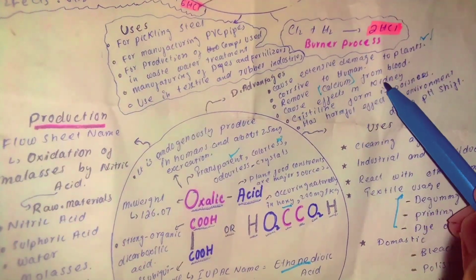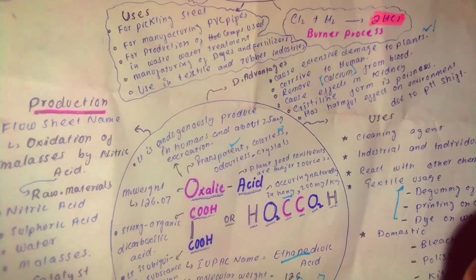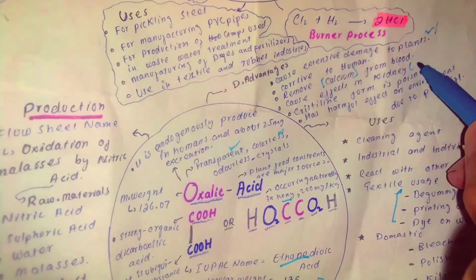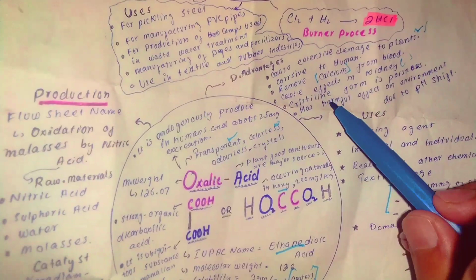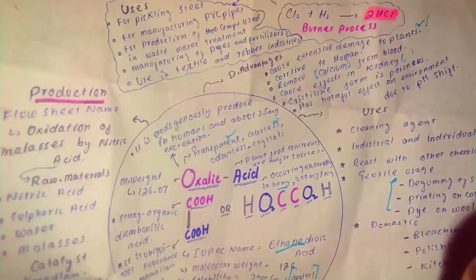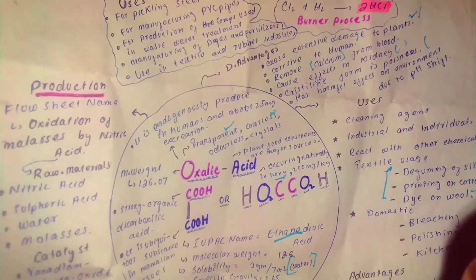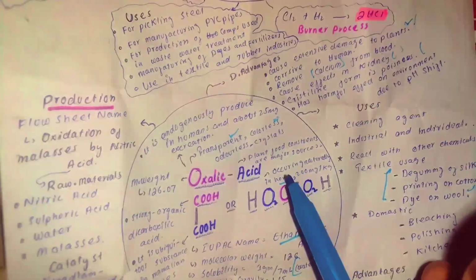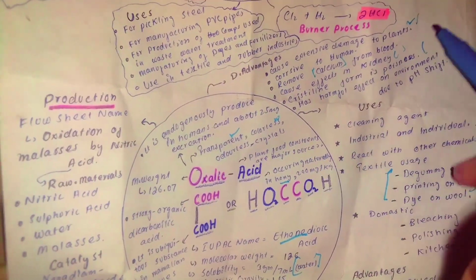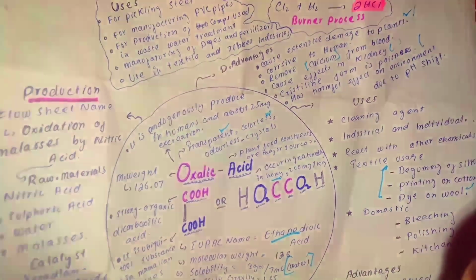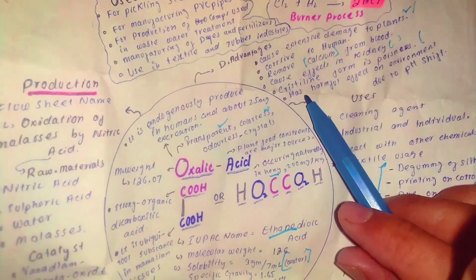It can cause bad effects on our kidneys. And its crystalline form is poison.